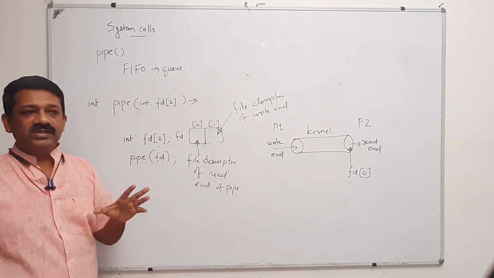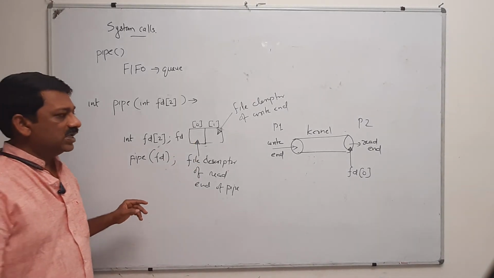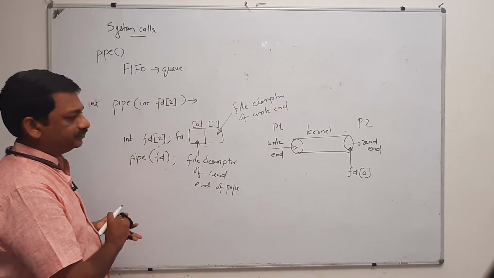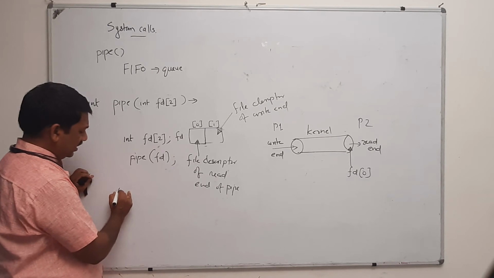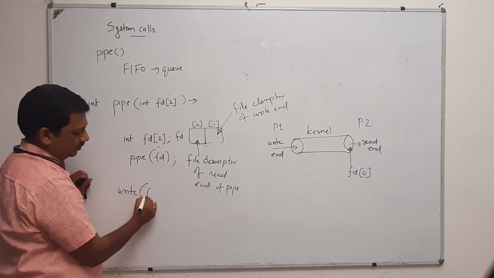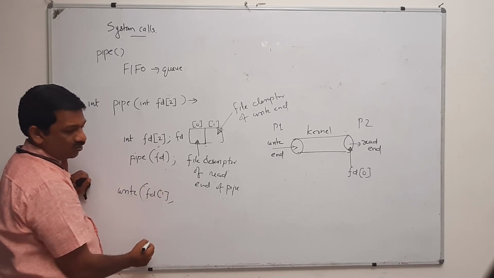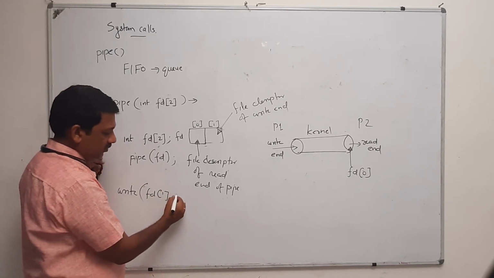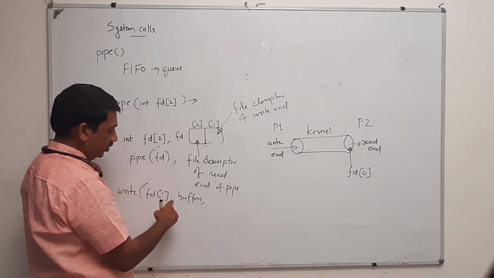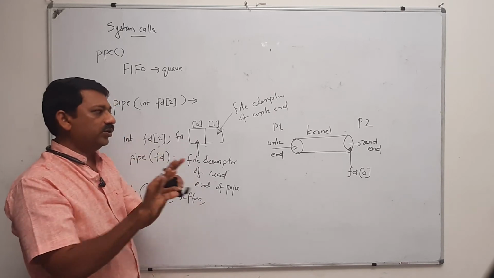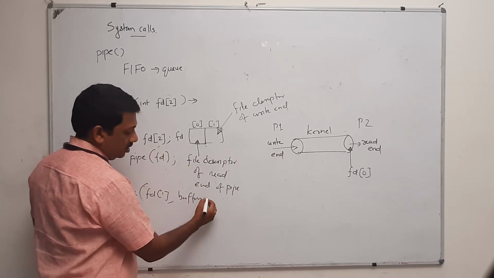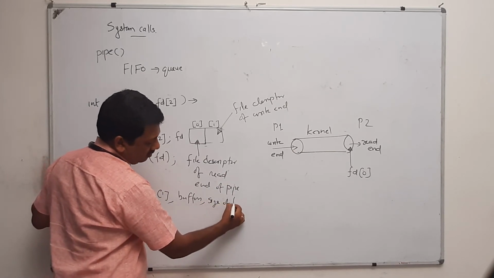Now suppose you want to write something, using the write system call. Here you are going to use fd[1], comma, then the buffer: from the buffer you are going to read something and write it to the pipe, and then the size of the buffer.